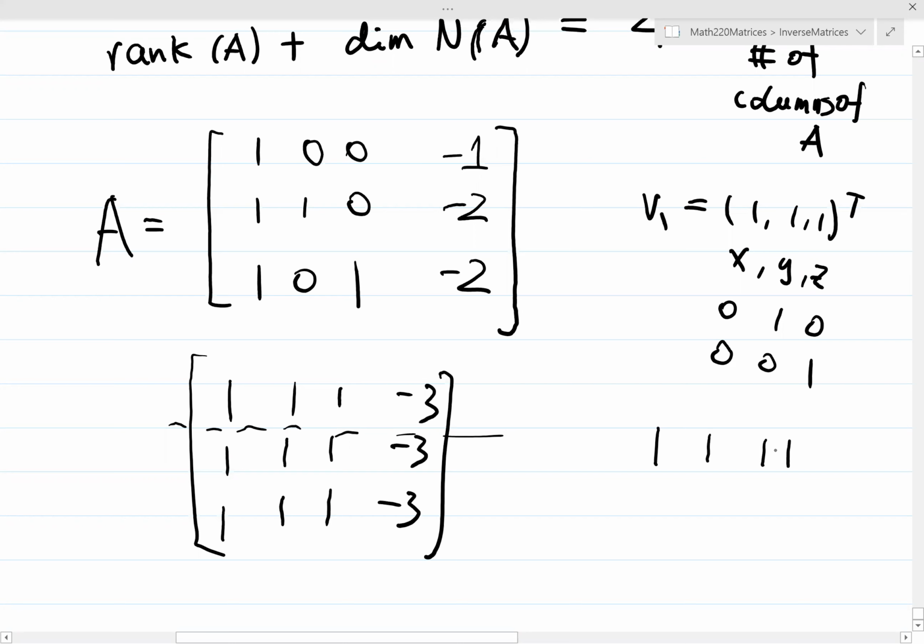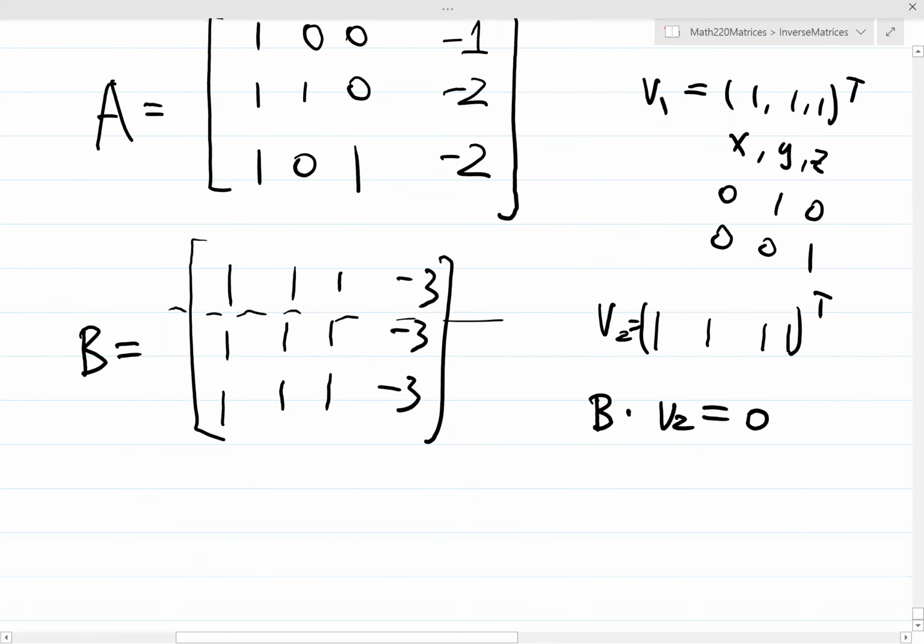If you multiply it, you actually get that thing, so this lies in the null space. If you check, let B be this matrix and v2 be this vector transposed, you can find that Bv2 is actually 0. However, we can have other vectors. The null space is too big in this case. You see, the first row and the second row are the same, so actually the first column and the second column are the same.